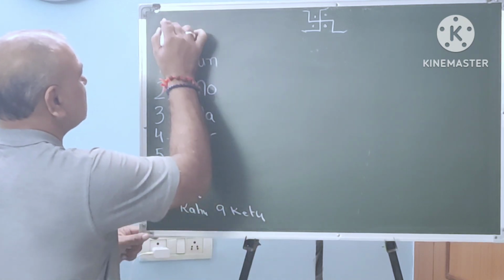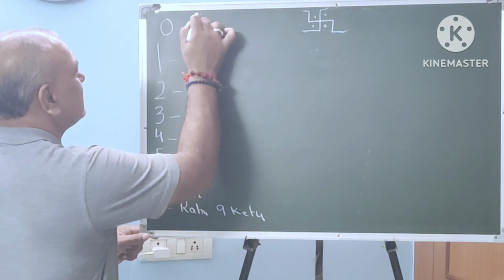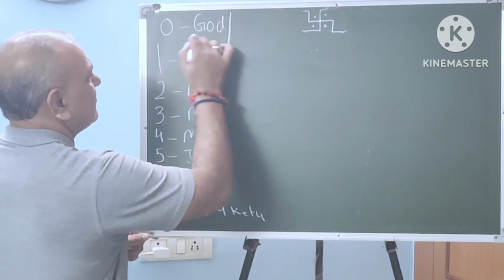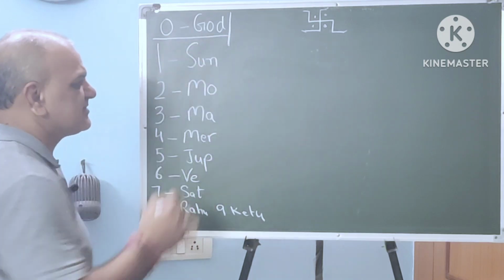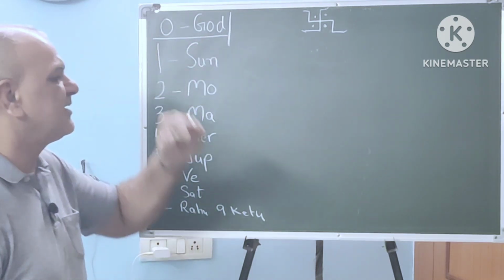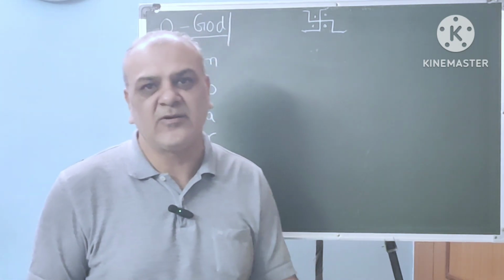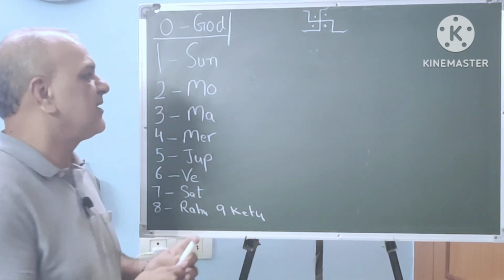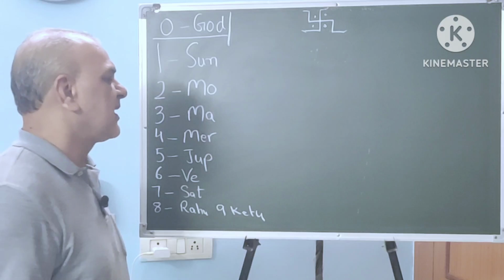When it comes to zero, I'll explain later what zero means, but for now you can understand zero means Almighty God or universe. When something is connected to the universe, it will come to zero.